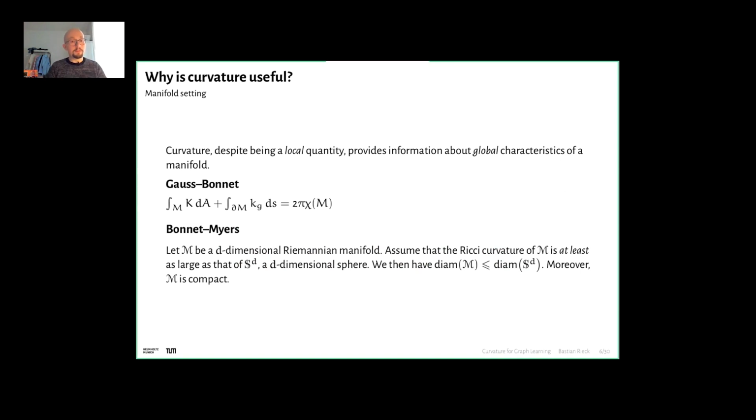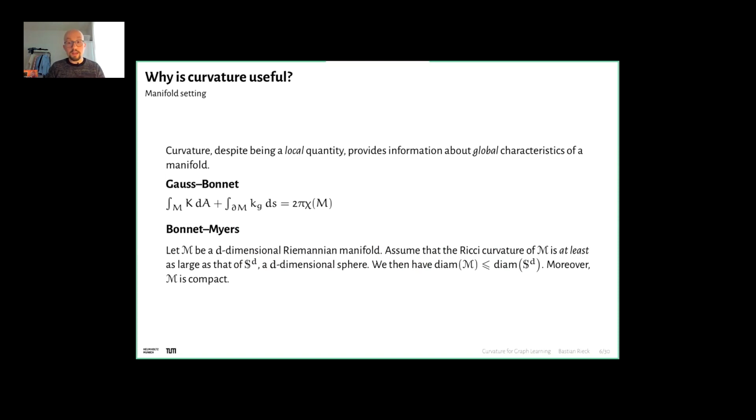Likewise, we have the famous Bonnet-Myers theorem, which states essentially that if we have a bound on curvature, so we assume that the Ricci curvature, without going into the details here, of our given manifold is at least as large as that of a d-dimensional sphere, then we have a bound on the diameter, and we moreover know that M must by necessity also be compact.